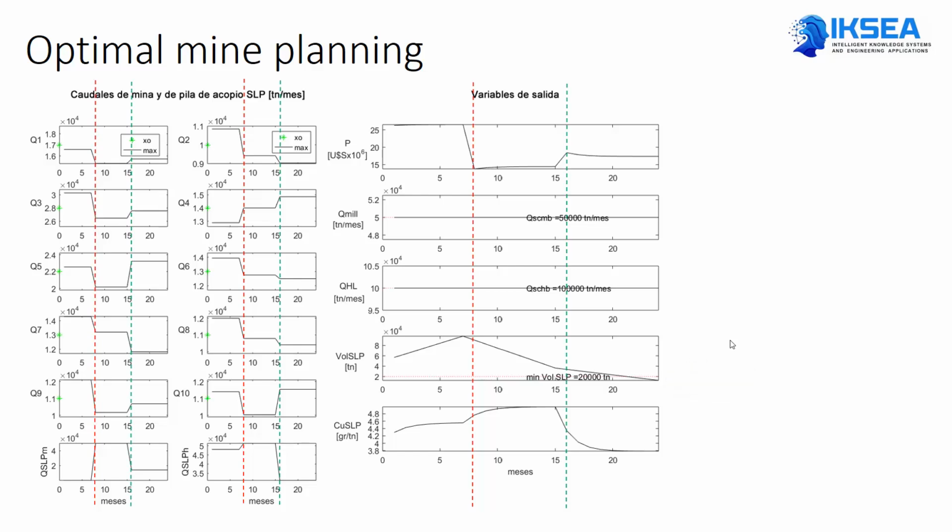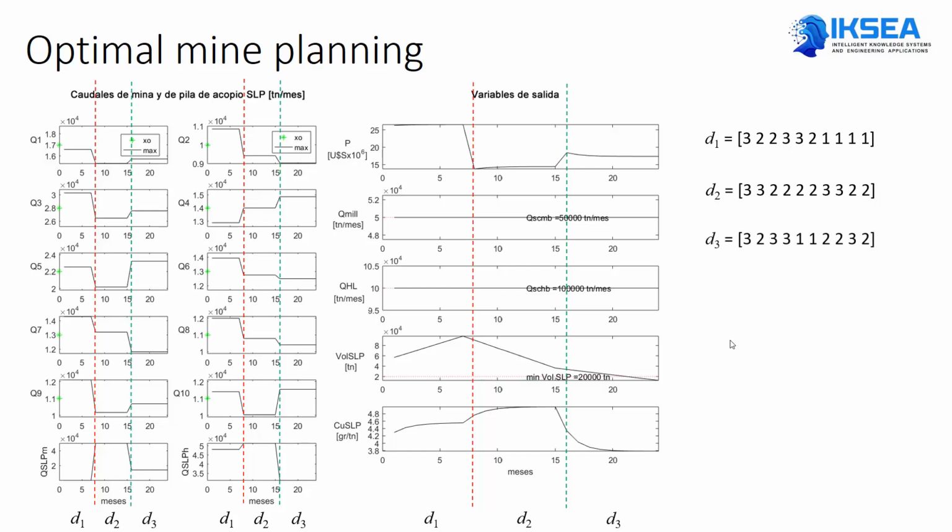On the left, we have the evolution of the flow rates to achieve the proposed objectives. If 1 is the milling plant index, 2 is the stockpile, and 3 is the heap leaching plant, the destinations change from D1 for the first 7 months, D2 for months 8 to 15, and D3 for months 16 to 24.